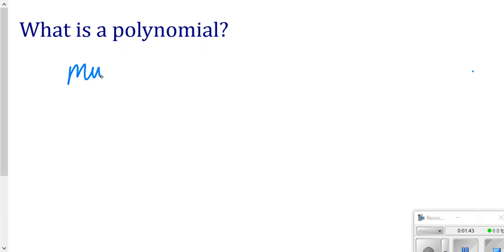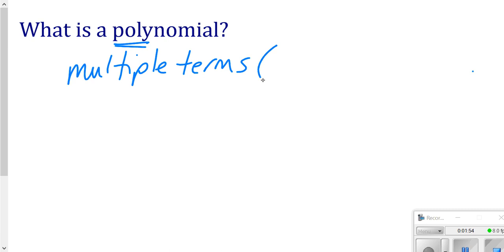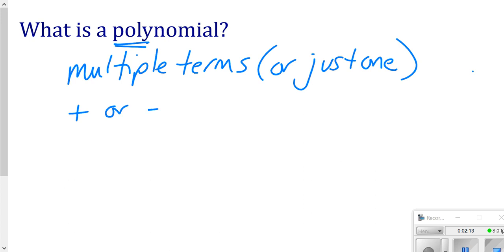Let's write that down. Technically it could actually also have one term. To be honest, I was thinking about the prefix poly meaning multiple, so I'll include "or just one," because we will include that case. Especially when what you're doing here is adding or subtracting terms that have different powers of the same variable. So adding or subtracting pieces, or terms.